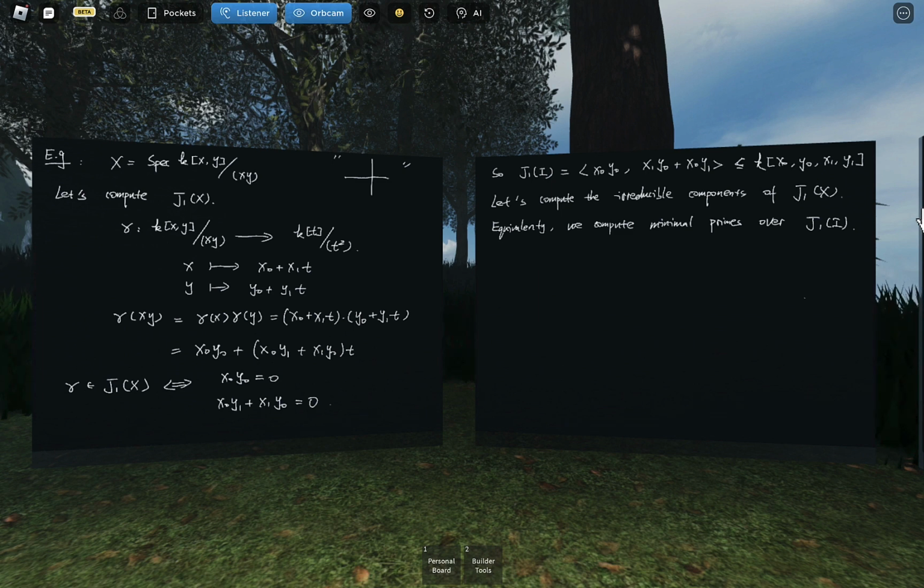Yeah, for these two things to be equivalent, we have to be careful since we don't require K to be algebraically closed. So maybe I'll just make a remark here. If K is not algebraically closed, say K is the real numbers, how do we compute the irreducible components of a variety?